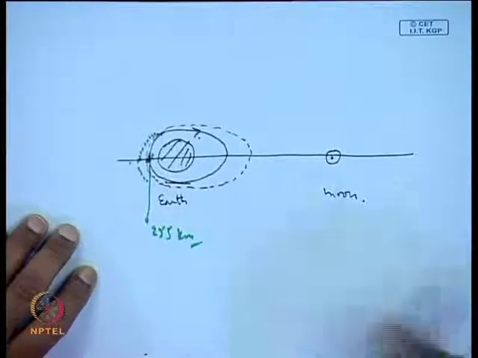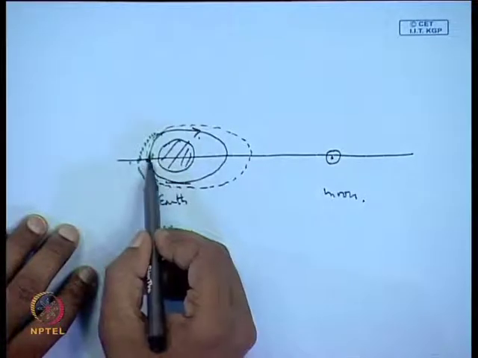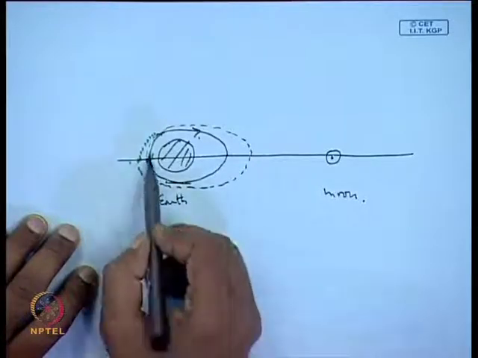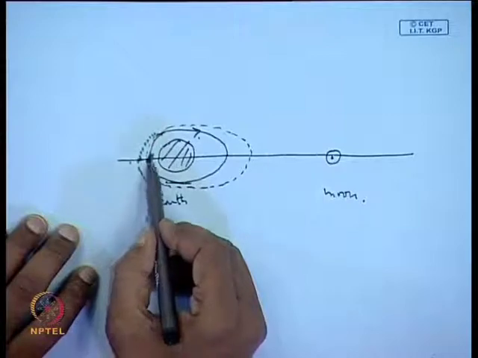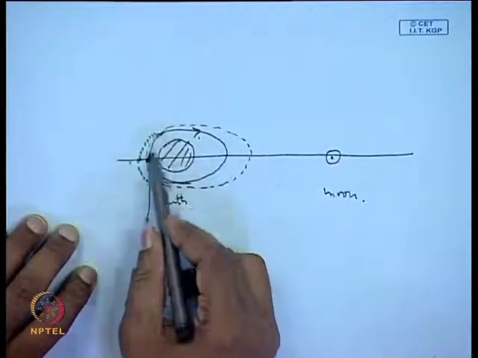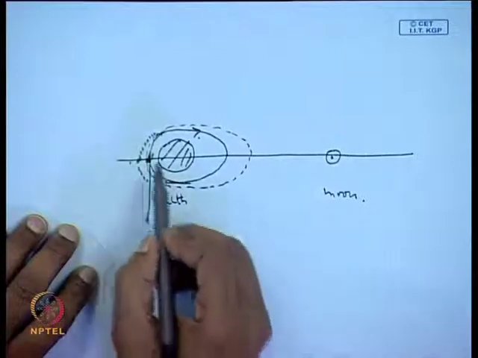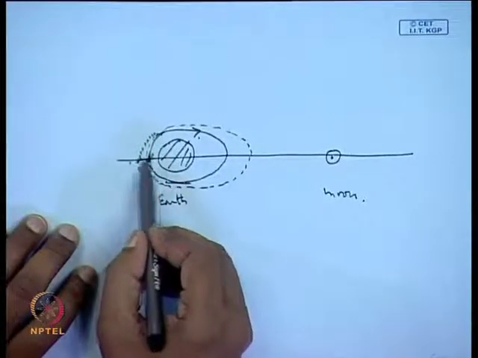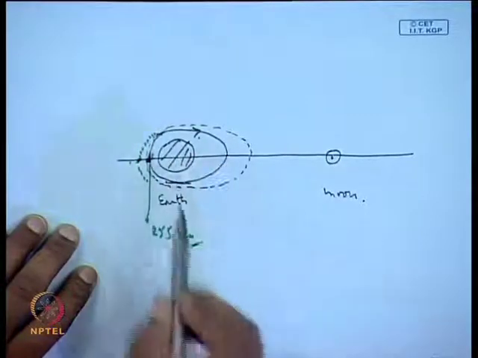Because the atmosphere is present near the earth's surface, and even at 255 kilometers there is enough atmosphere to kill the kinetic energy of the satellite. Therefore this was also boosted. Once you have boosted it, you lose less energy because of aerodynamic drag.